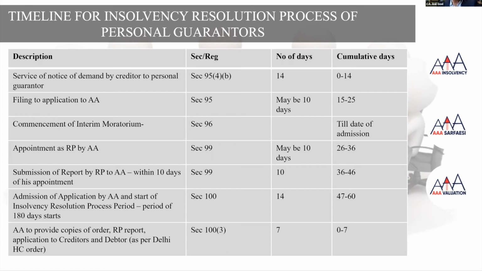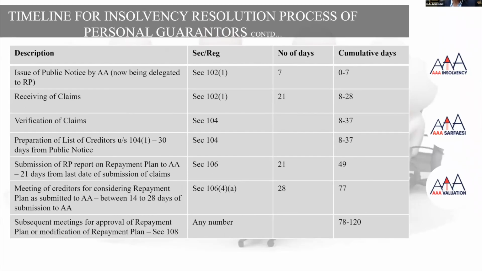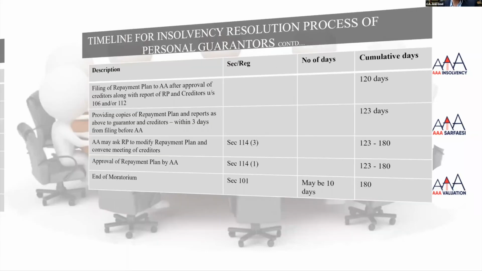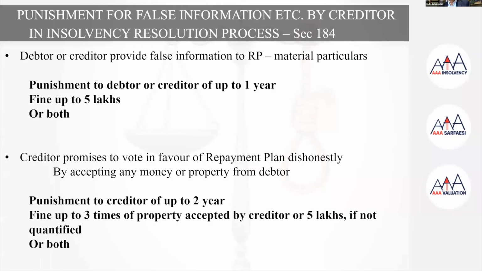In fact, when the application is submitted under section 94 or 95, it is taking more time. By that time, the RP is just holding on to that assignment. When this order comes, he will prepare a report under section 99. Once this insolvency starts, with all these timelines that I've written, after 180 days the implementation starts.